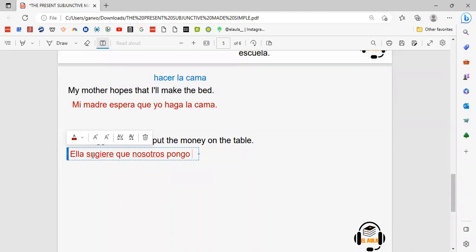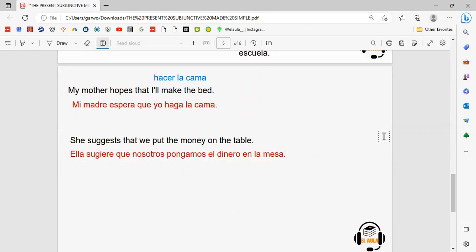Make a mental note of that. Remove the ending. Do our present subjunctive switch. And we end up with pongamos. Ella sugiere que nosotros pongamos el dinero en la mesa.